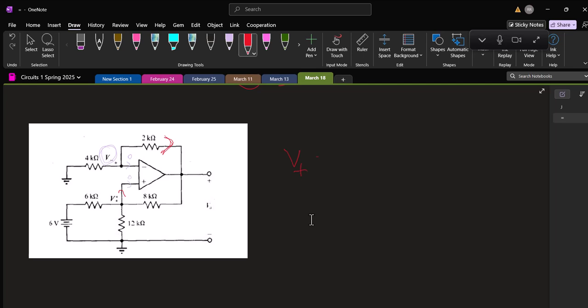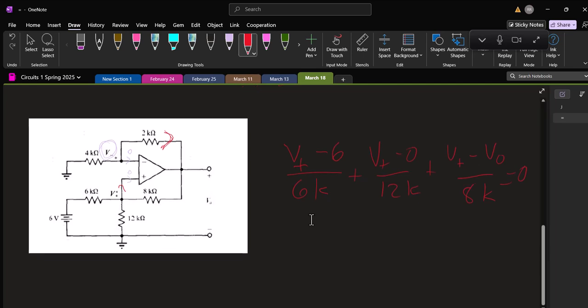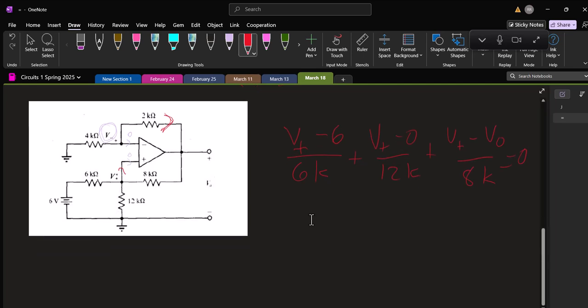I can say V plus minus 6 over 6K plus V plus minus 0 over 12K plus V plus minus V out over 8K has to equal 0. Write this perhaps a little neater.